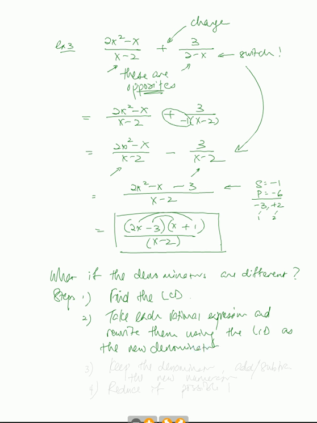Now remember this process. It is possible that as a result you might have to alter the numerator to be something else. And then what happens is once you get the same denominator on both, that's when you keep the denominator. Okay, and you add or subtract the new numerator. Okay, but don't forget to reduce if possible.